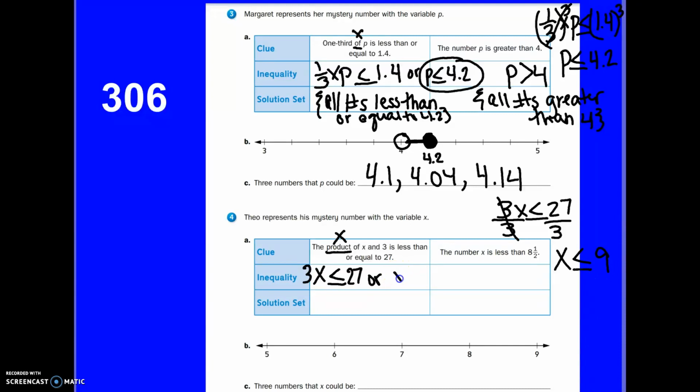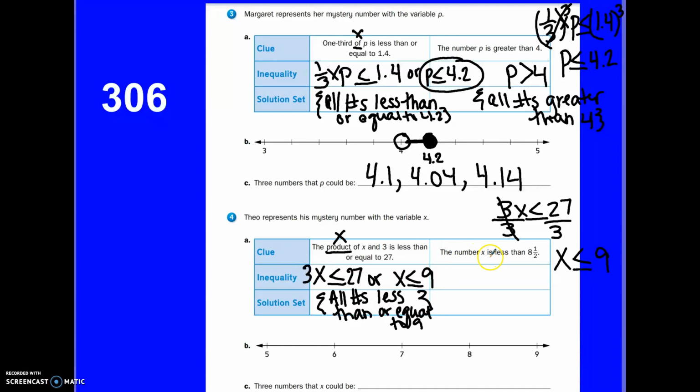So for my inequality, x is less than or equal to 9. So I'm going to have all numbers less than or equal to 9. All numbers less than or equal to 9 is my solution set.